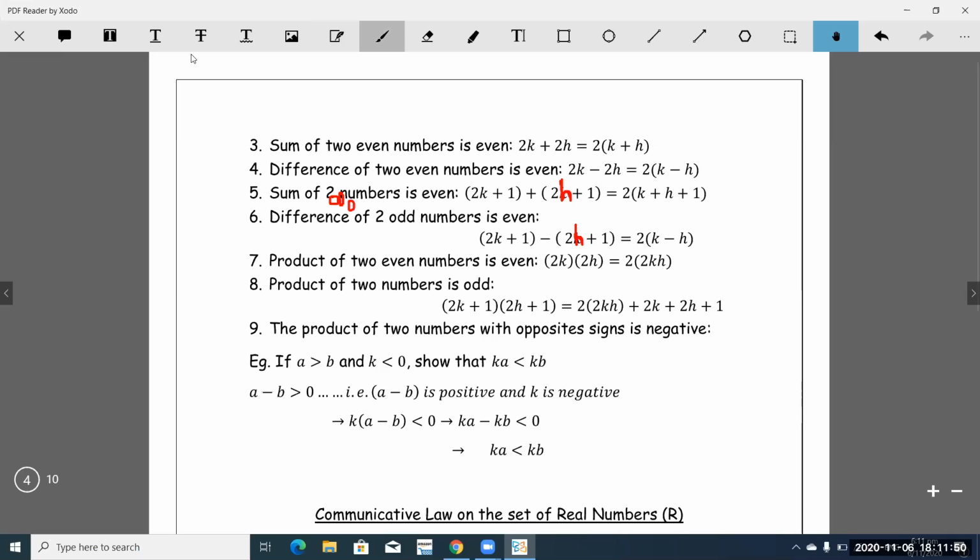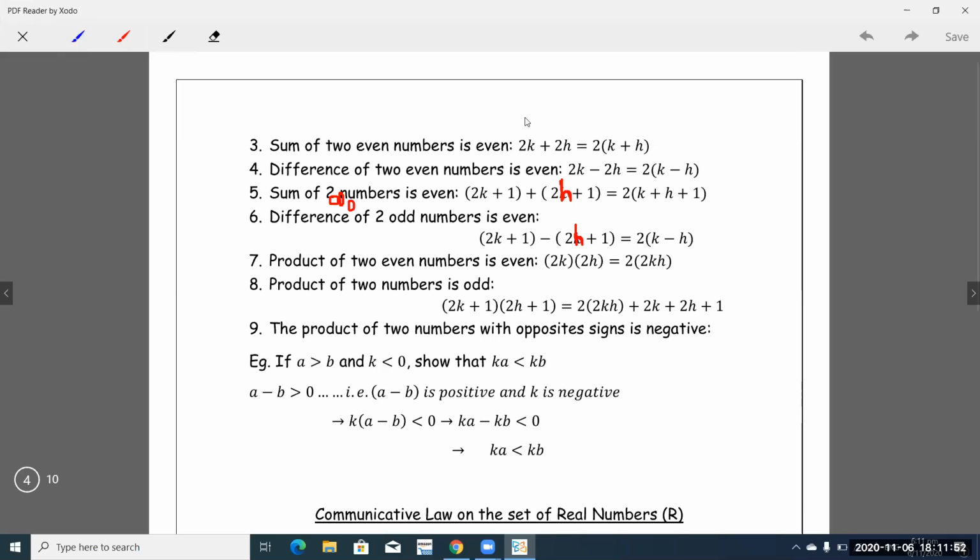If you add it to another even number, 12, what they're saying is that when you add two even numbers, you're going to get an even number, because 10 plus 12 is 22. And 22 is just 2 times 11, isn't it? Yes, sir. Which is even, because 2 times any number is an even number. So we can conclude that this is even.